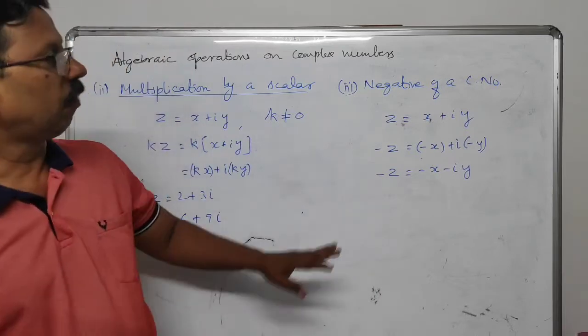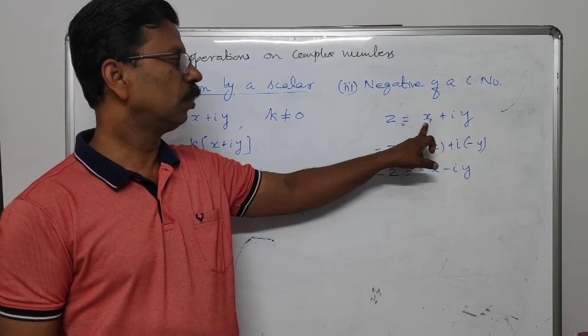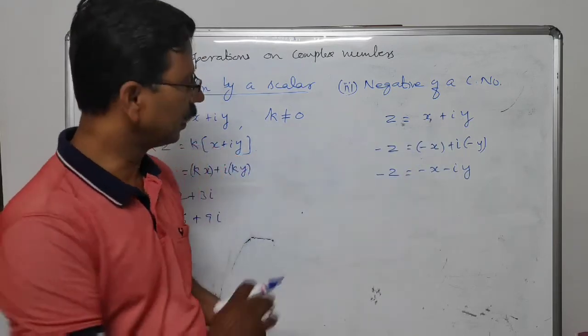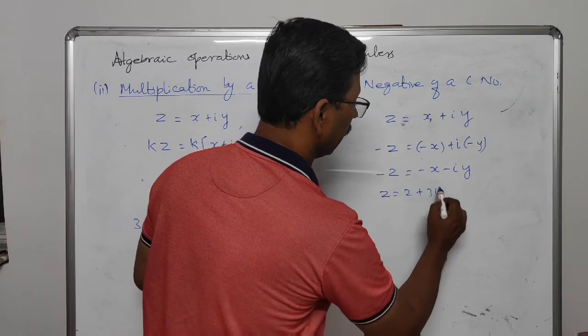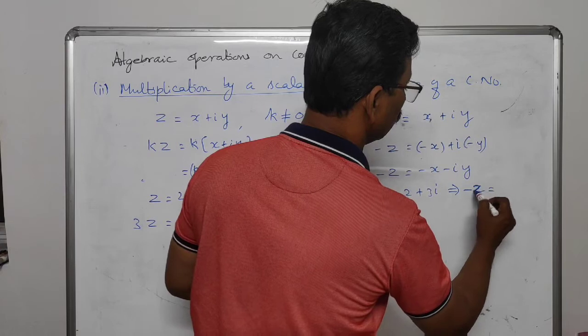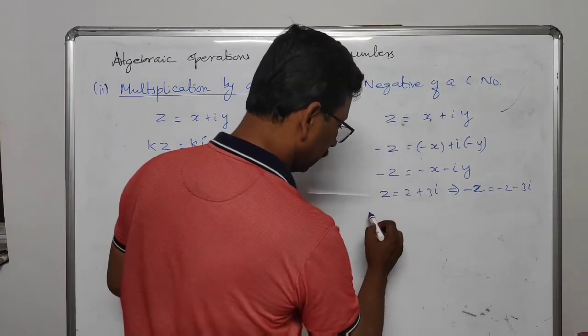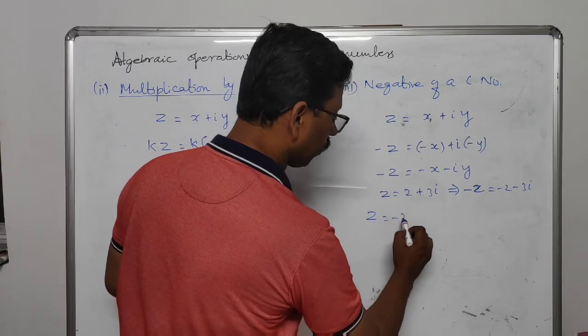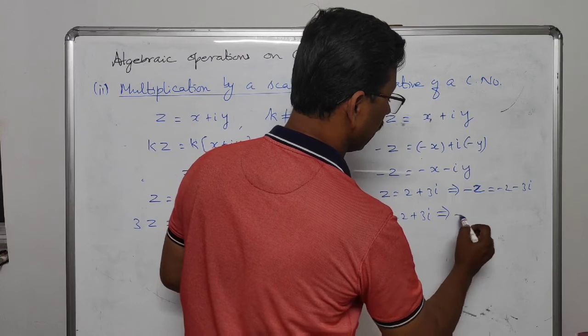Therefore, whenever you want to find the negative of a complex number, just change the sign of both the real and imaginary parts. For example, if z is equal to 2 plus 3i, what is minus z? Minus z is equal to minus 2 minus 3i. Suppose z is equal to minus 2 plus 3i, then what is minus z?